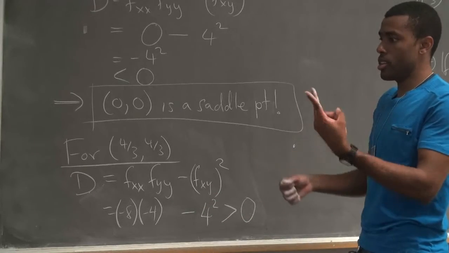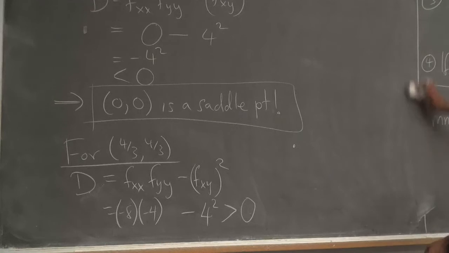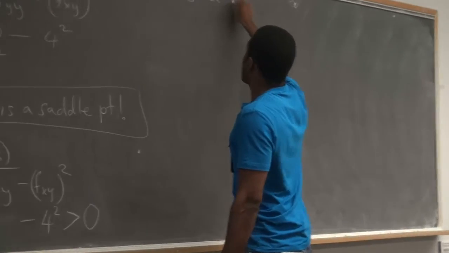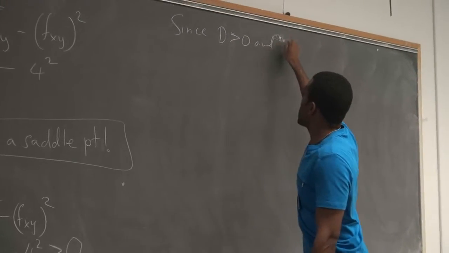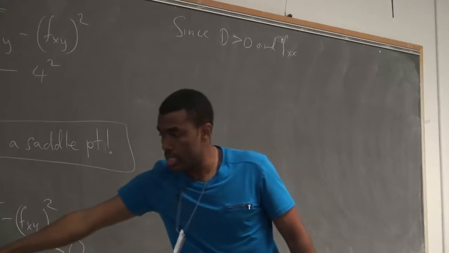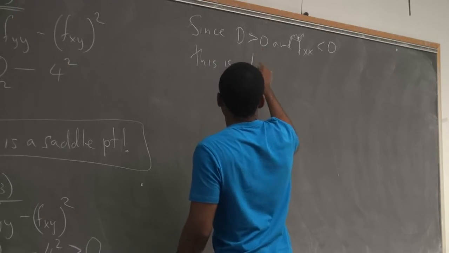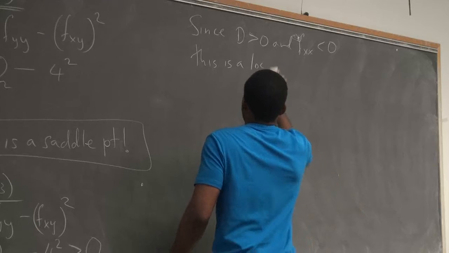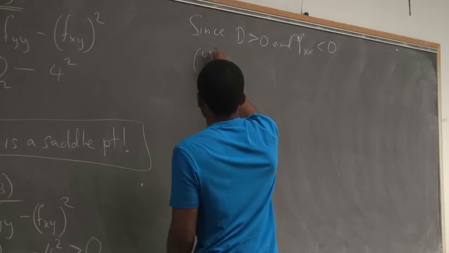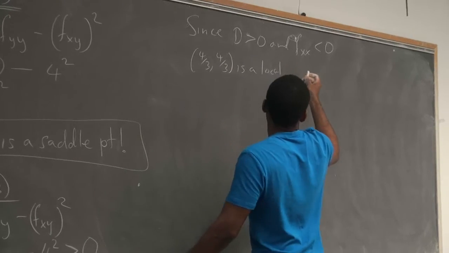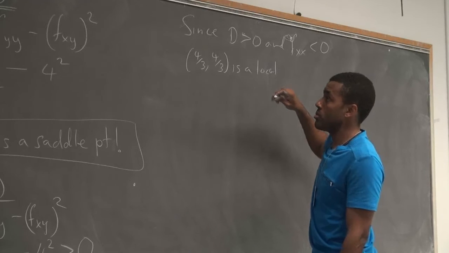And so there are two options that we could be in now, and those options depend on fxx and D. Since D is greater than 0 and fxx is negative, so that's less than 0, the point 4/3, 4/3 is a local max.